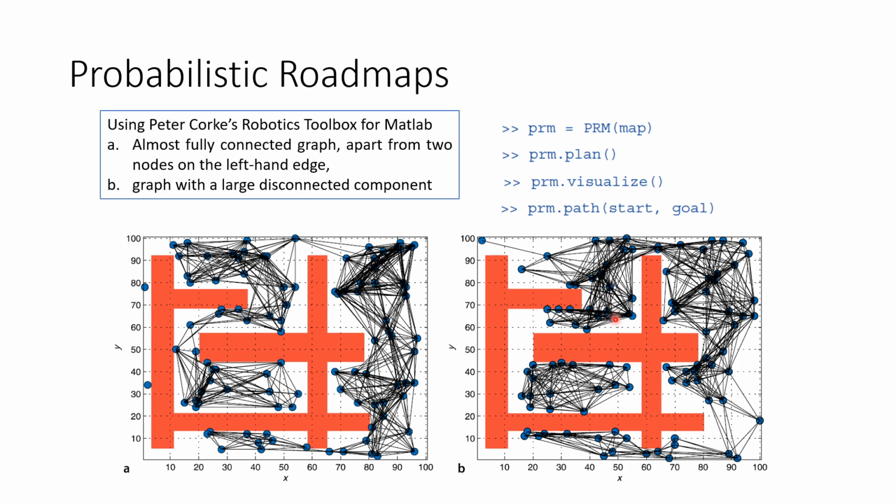So you can try different techniques to connect all these segments together so that you can find a path from the starting configuration all the way to the final configuration reasonably well. You can try these commands which are available using the Peter Corke toolbox, and that is going to give you some practical realization of how this probabilistic roadmap is going to find a way out of complex scenarios.